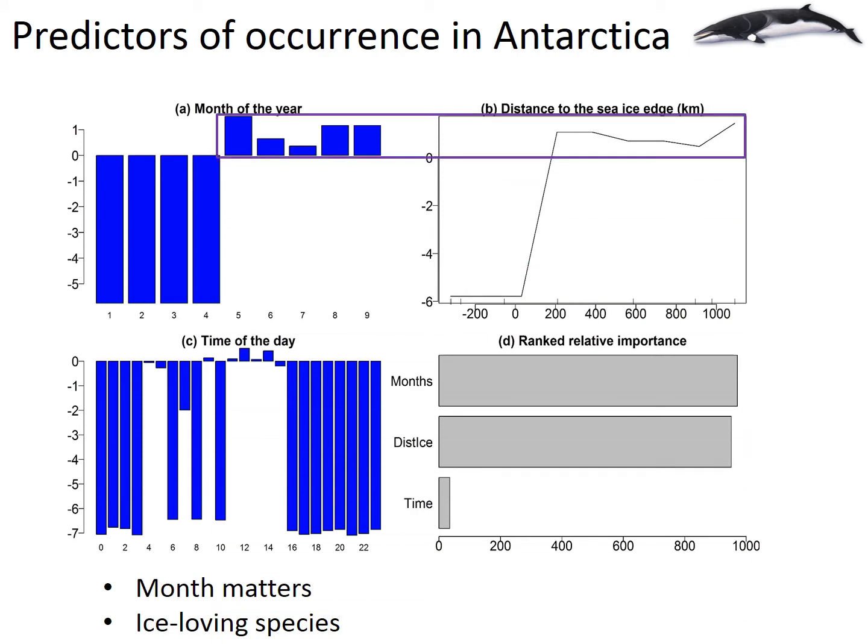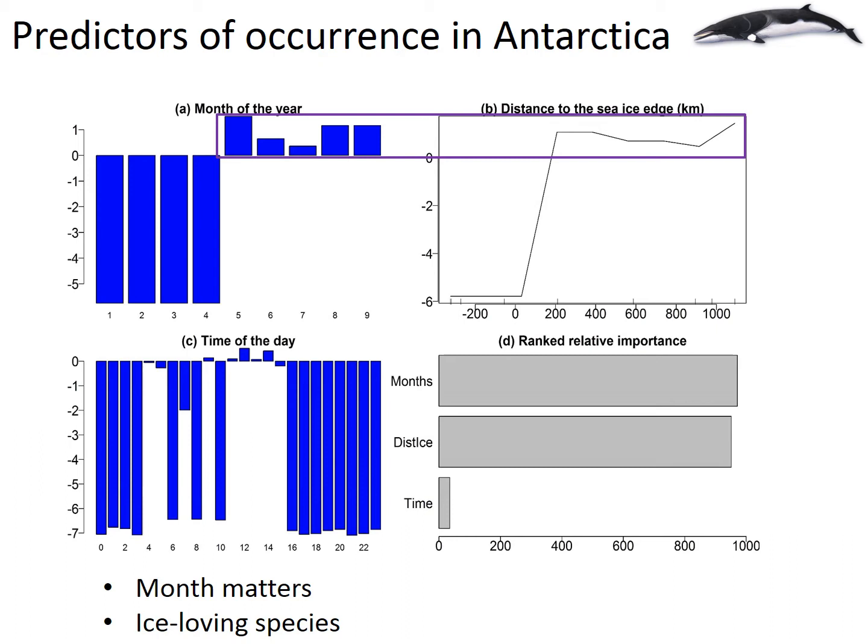And basically, we can see that from April through September, when the sea ice was close to the recorder, or our recorder was covered by ice, that's when we started recording a lot of these minke whale biodarks.